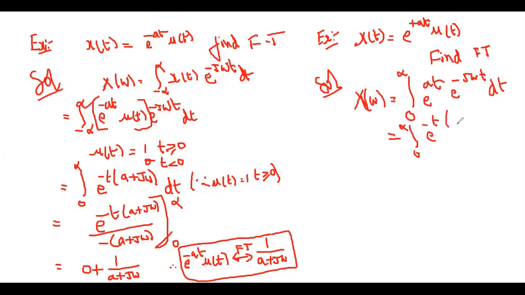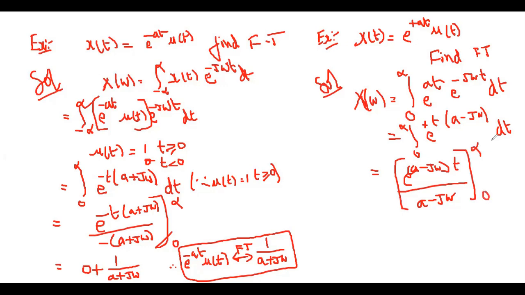taking t as common, a minus j omega, e power a minus j omega into t dt. That is equal to e power a minus j omega into t, divided by a minus j omega, with upper limit infinity and lower limit 0.